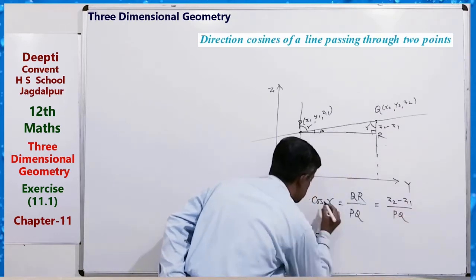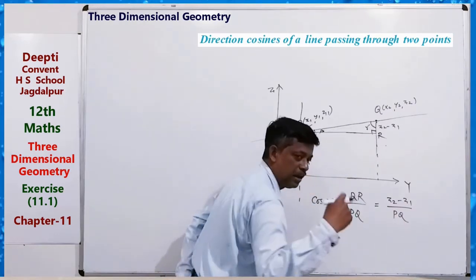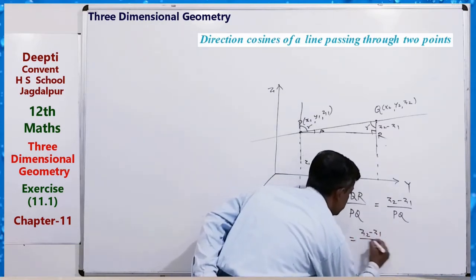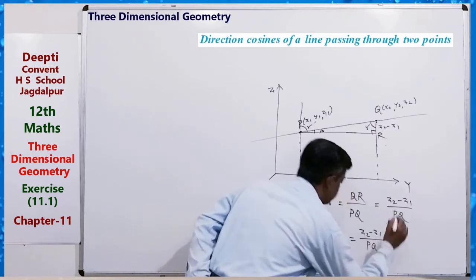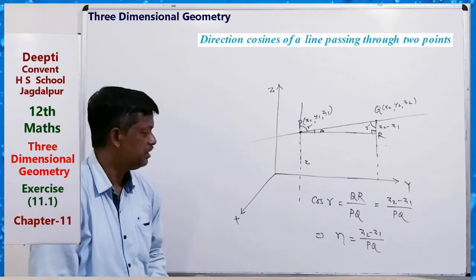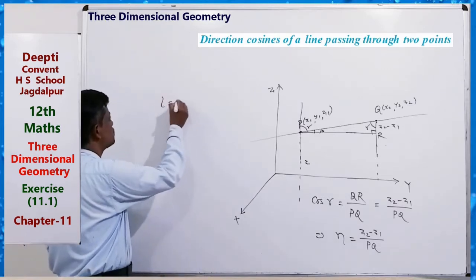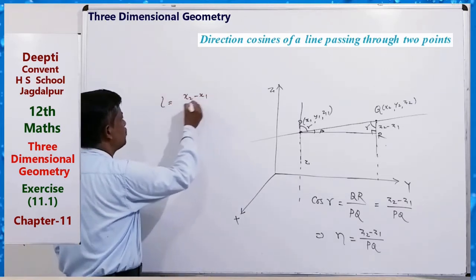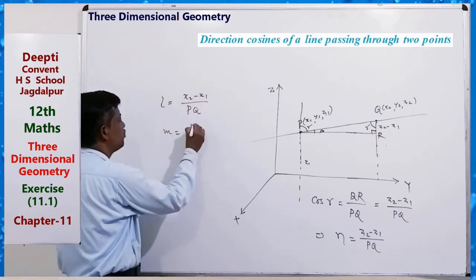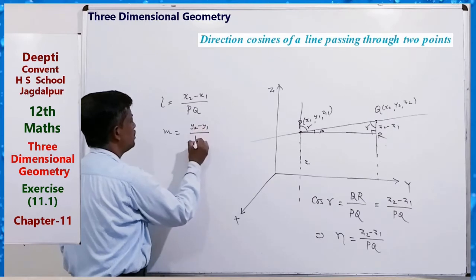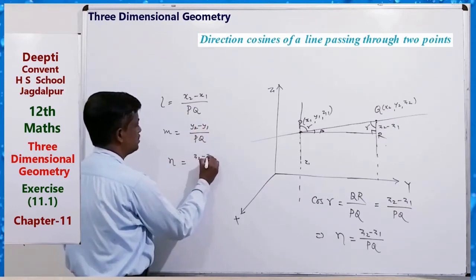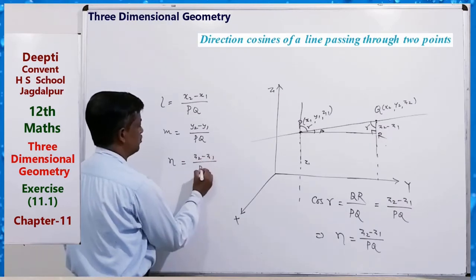That is cos gamma, that is n, equals z2 minus z1 upon PQ. Clear? Similarly, in the other directions, we find that l equals x2 minus x1 upon PQ, m equals y2 minus y1 upon PQ, and n equals z2 minus z1 upon PQ.